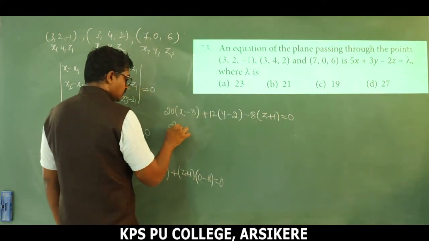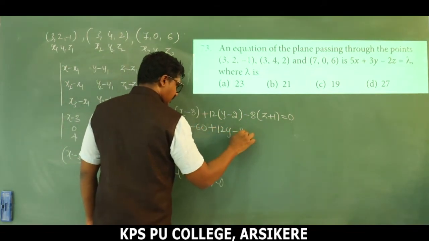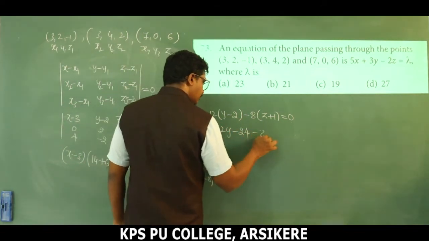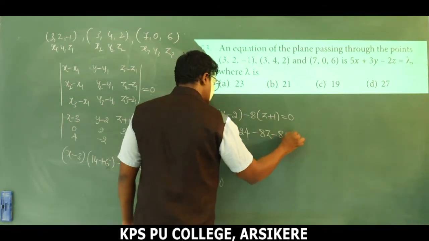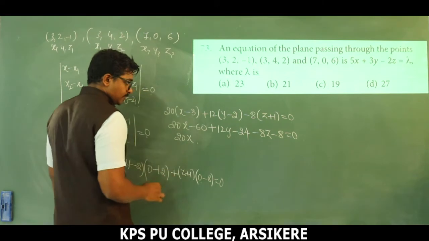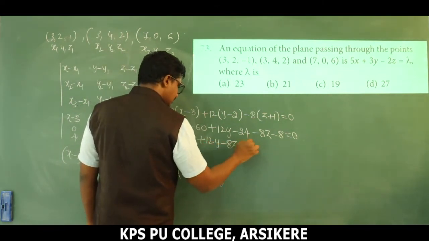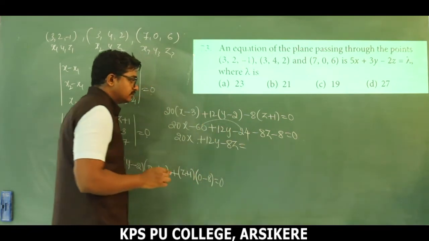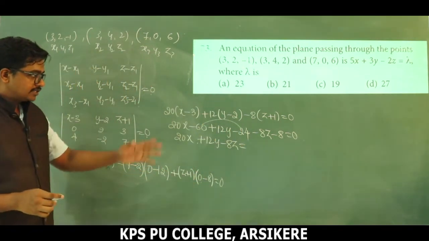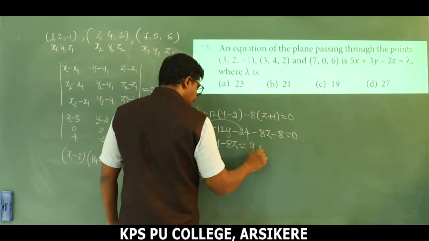This becomes 20x minus 60 plus 12y minus 24 minus 8z minus 8 is equal to 0. So this is 20x plus 12y minus 8z is equal to 84 and 8, which is 92 on the right-hand side.